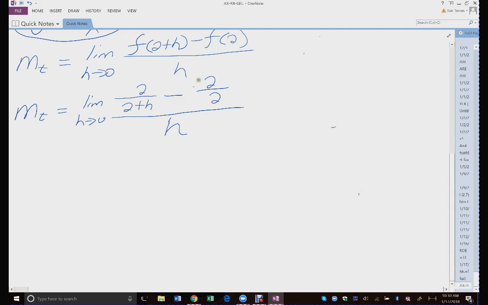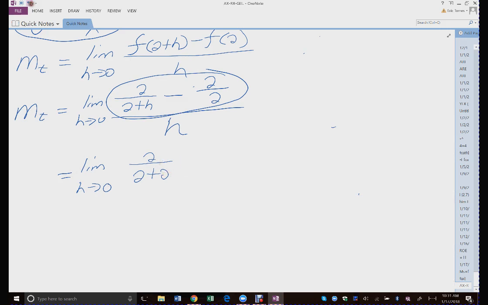So I'm going to combine these two fractions together by simplifying. So I have 2 over 2 plus h minus 1 over h.